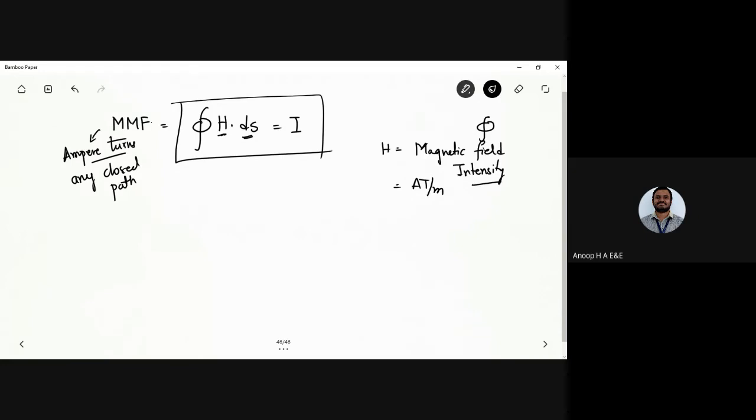Now this is the total magnetic flux that has been acting. Now I want it for a certain distance.